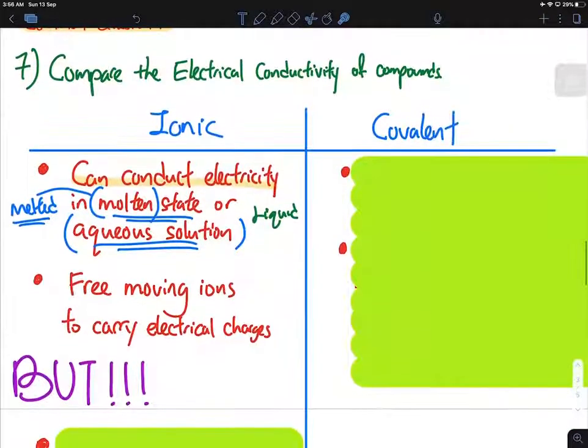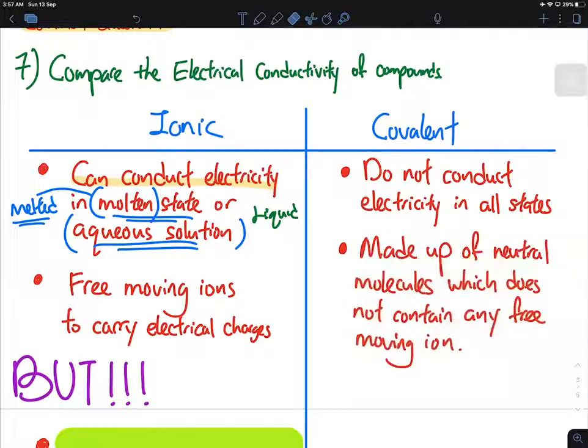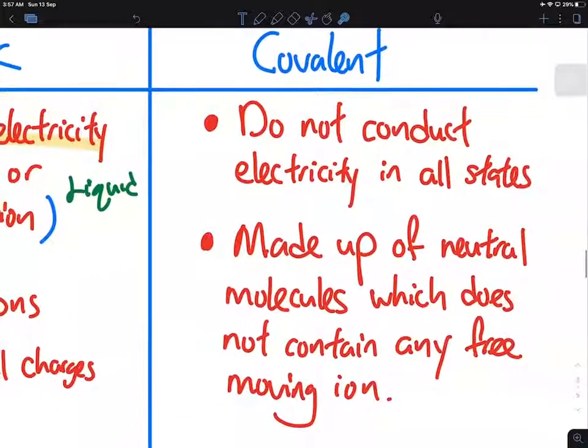So you see, covalent is made of non-metal. Non-metals do not conduct electricity in all states. Do not conduct electricity at all. Why? Because they are made up of neutral molecules, which means they do not contain any free moving ion.